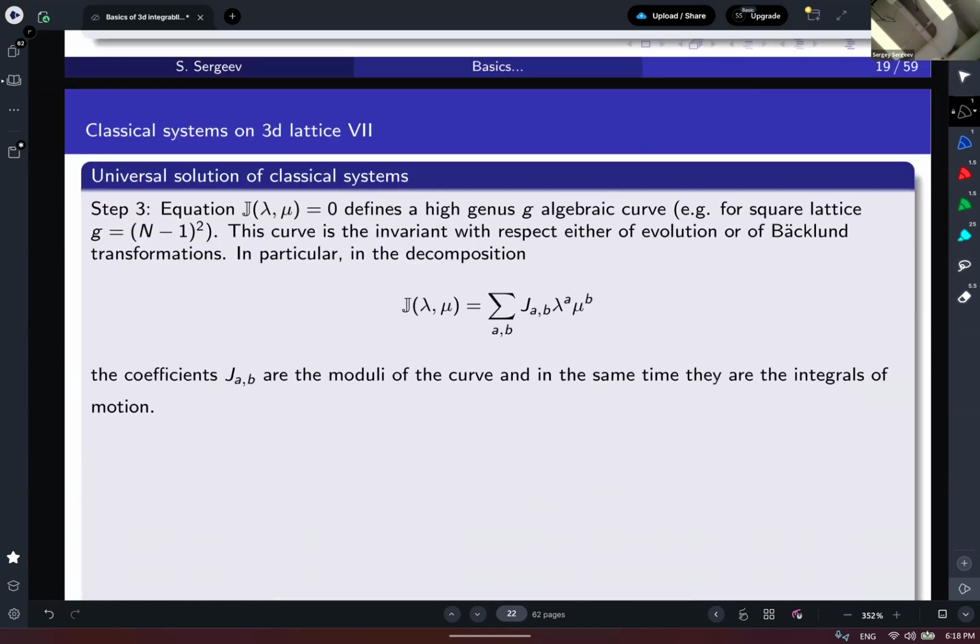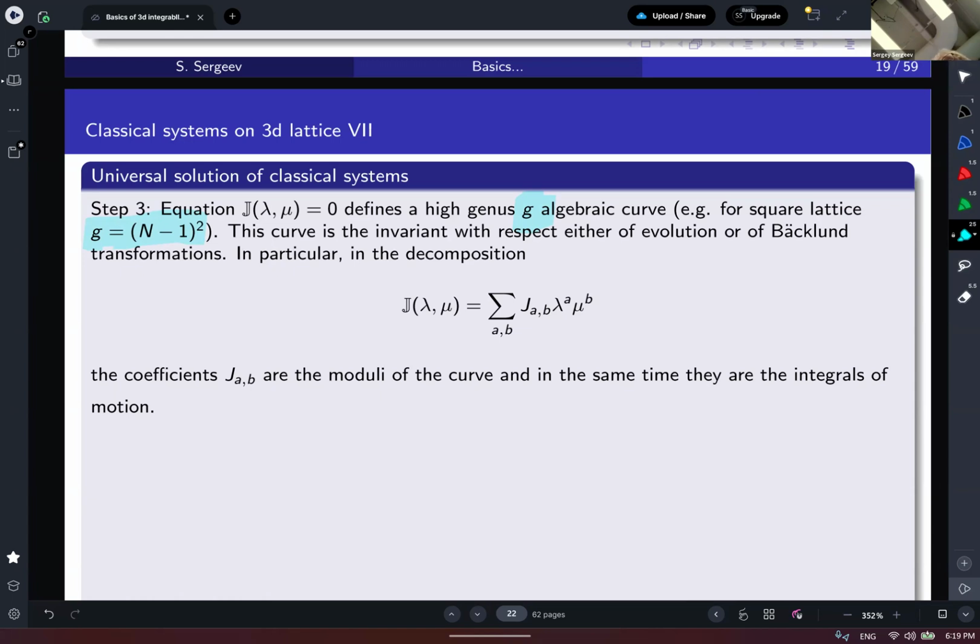Well, now we have to focus on what is this algebraic curve. Each algebraic curve is characterized by its genus. So genus G of the algebraic curve. And for square lattice, genus is huge. If you take lattice 10 by 10, then genus is 81. That's huge genus.